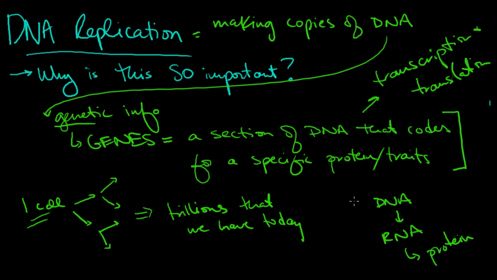This is what we call the central dogma of biology. So this is why we study genetic information so much. It's really about making proteins, and this is the key idea behind molecular biology.